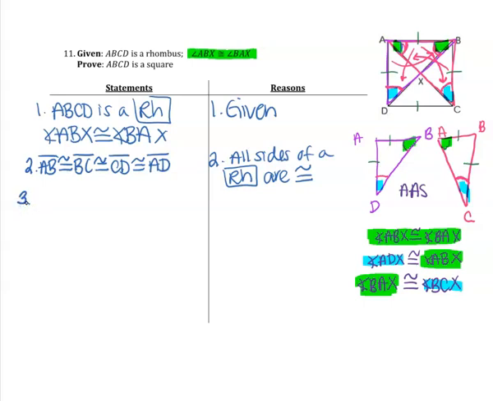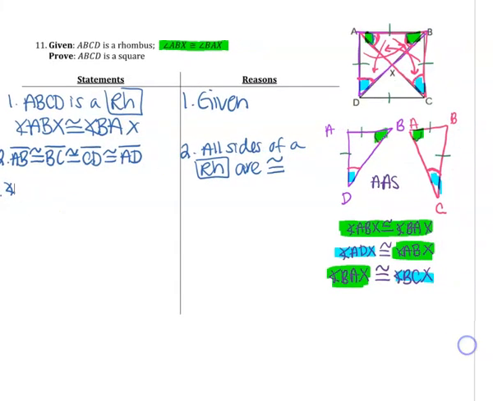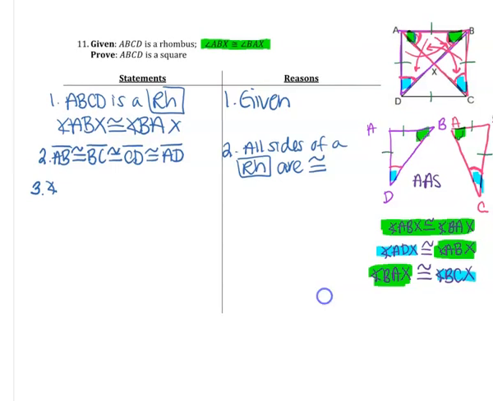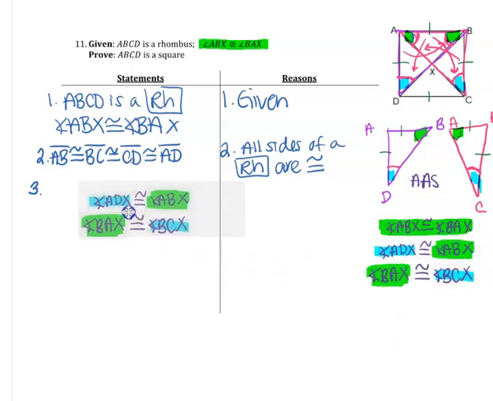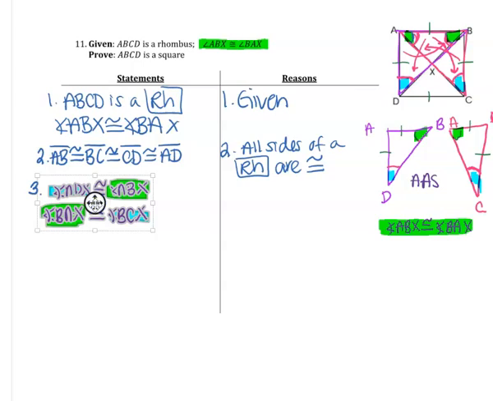Okay, then using those congruent sides, that's what allowed me to get opposite angles congruent. So I'm basically going to write all of this over here. Actually, you know what I can probably do? Look at that.